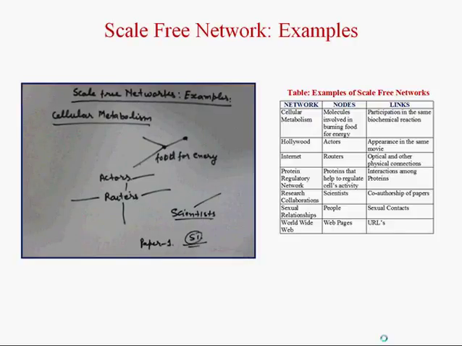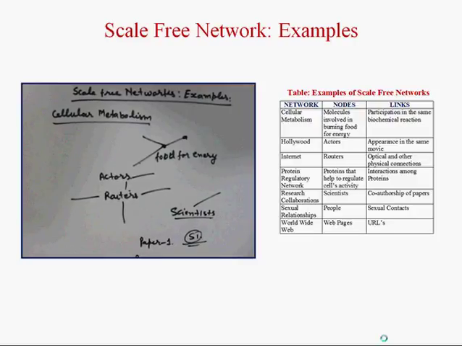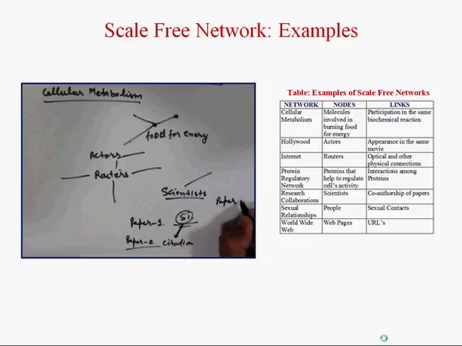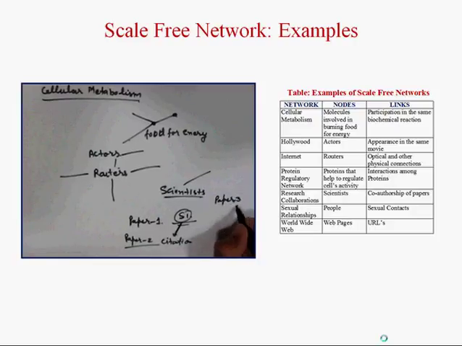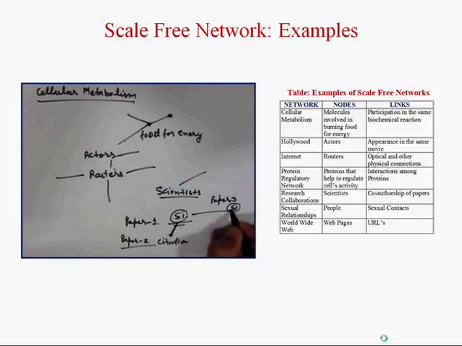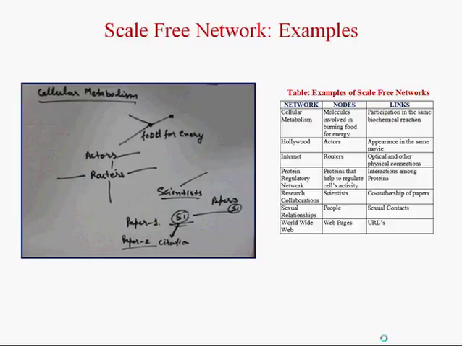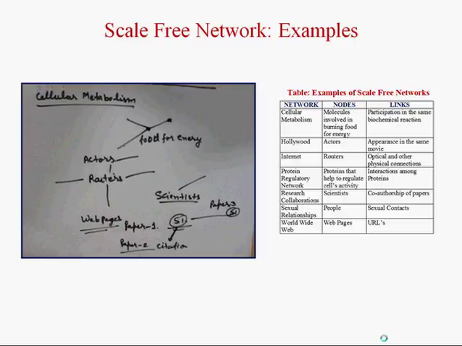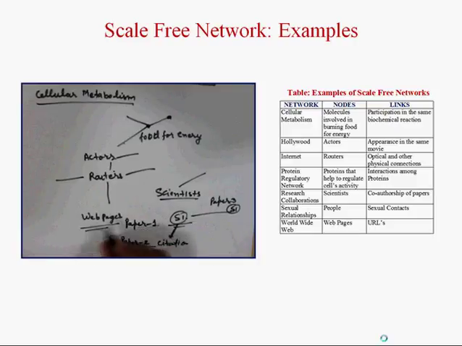In paper 2, there is a citation, then it will create a link. In paper 3, suppose S1 is a co-author, then it will create a link. Similarly, on the World Wide Web, pages create nodes, and URLs create the links.